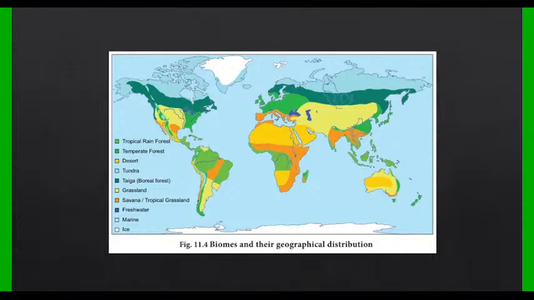See the tropical rainforest according to color, the temperate forest, the desert zone, tundra zone, taiga zone, grassland zone, savanna zone, freshwater zone, marine zone and the ice zone, and their geographical distribution in the diagram.